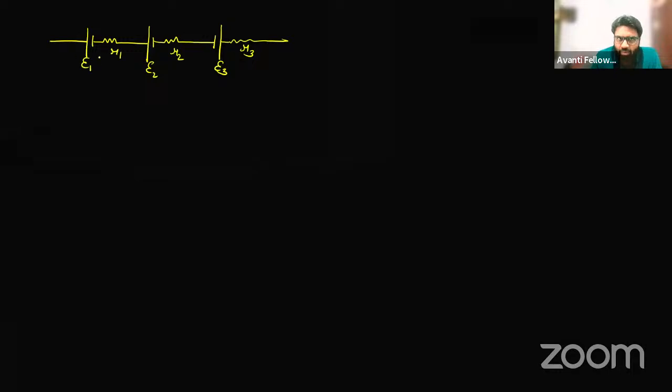Let me tell you another good concept. Although we are out of time, I can explain it here. Suppose these are the two batteries, three batteries I am saying. This is R3, E3, R2, E2, R1, E1. So this is a series combination, but there is one problem here. There is a change of polarity of this cell. So how do we mention that?